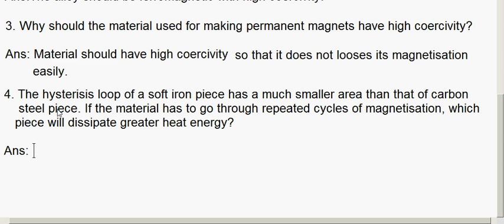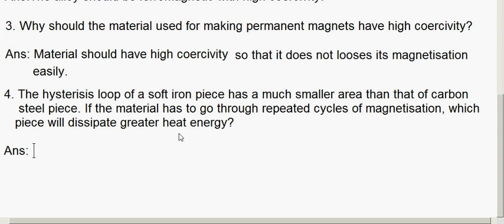Now because the area of hysteresis loop represents energy loss, therefore carbon steel piece will dissipate greater heat energy because its area is more, because hysteresis loop of a soft iron piece has a much smaller area. So soft iron will have less energy loss, or will dissipate lesser energy.